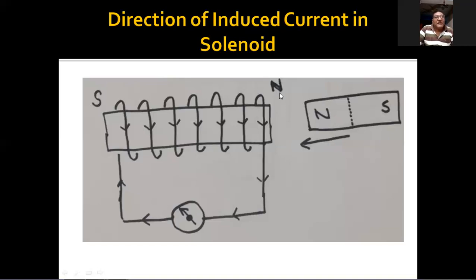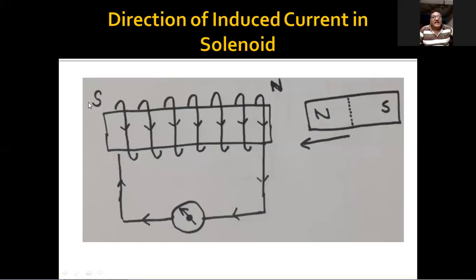Why will this become the north pole? So that it can repel the approaching north pole and oppose it. To stop this approaching north pole, a north pole will be induced on the right side of the solenoid.